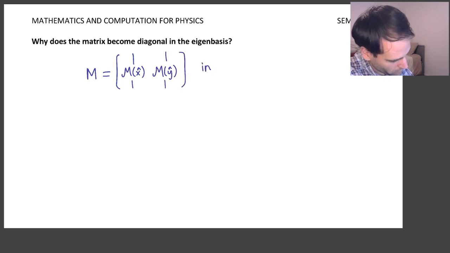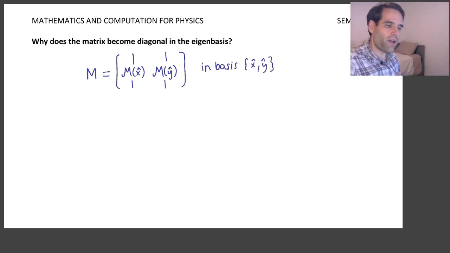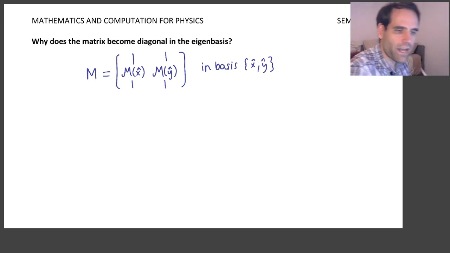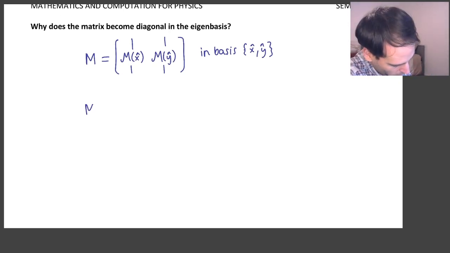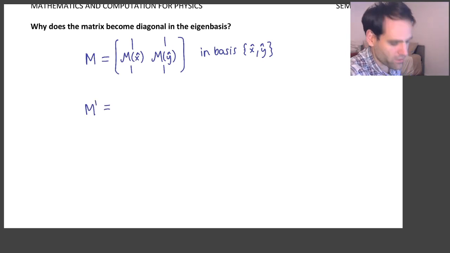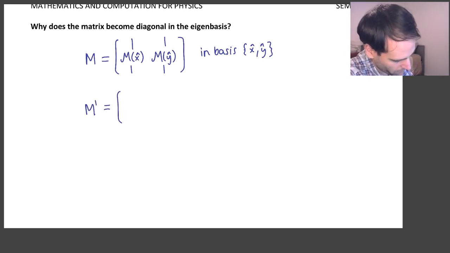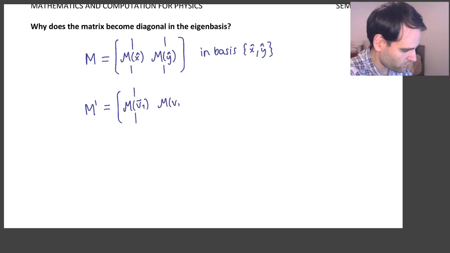And this is because we were using the basis x hat and y hat. But now if we are using the basis v1 and v2, we can apply the same logic, that our matrix M prime in the new basis has a first column, which is the transformation M applied to v1, and the second column will be the transformation M applied to v2.